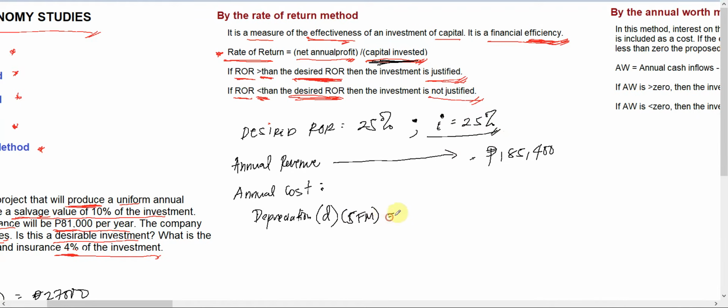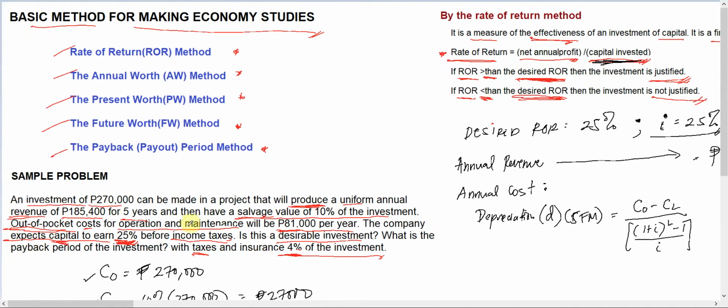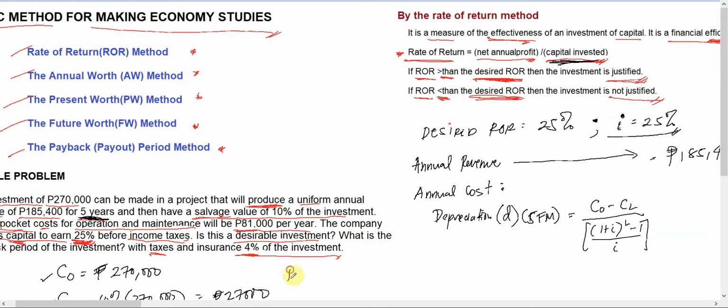Ang formula natin dyan sa annual depreciation cost using sinking fund method is original cost minus salvage value all over 1 plus I raised to life minus 1 over I. So, yung life natin dito is yung 5 years. Kasi after 5 years, may salvage value na siya agad. Lagay lang natin life is 5 years.